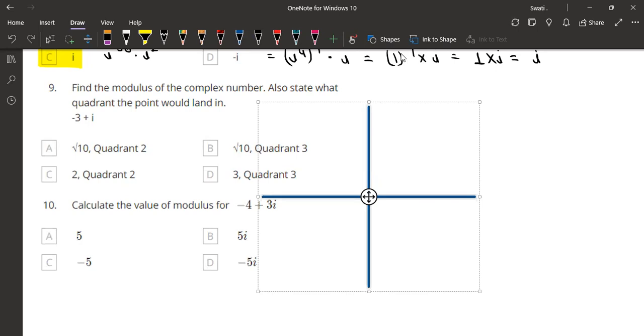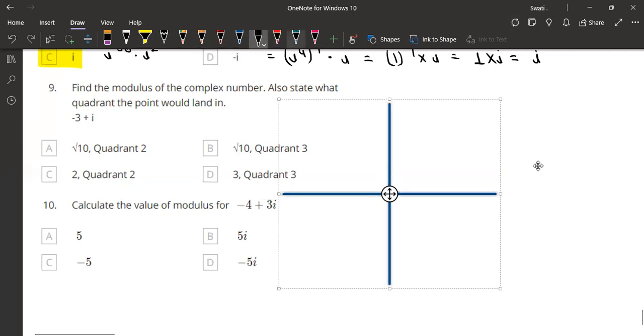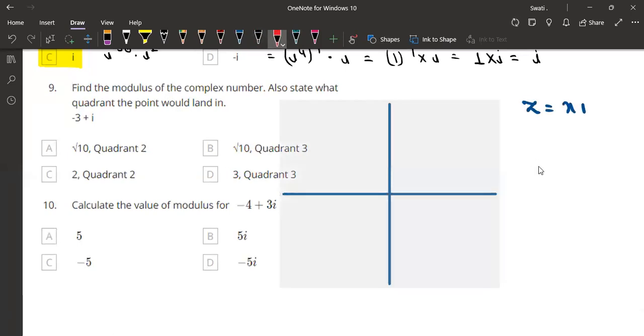So first we need to find the modulus. We will first find the modulus only, and then we will find in which quadrant the point would lie. First, let us understand how we find the modulus. Suppose we have the complex number z equal to x plus iy.